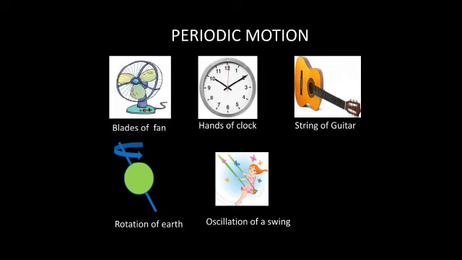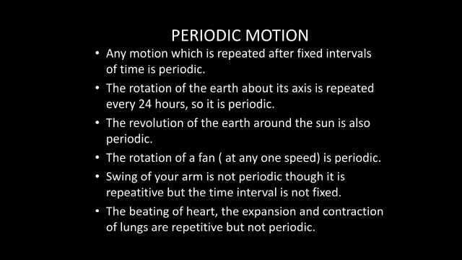But there is a special case, as I told you. Before that, let us understand in a more precise way what is periodic. Basically, any motion which is repeated after some fixed interval of time is periodic. Like the rotation of earth about its axis is repeated every 24 hours, isn't it? So it is periodic. The revolution of earth around the sun is also periodic.